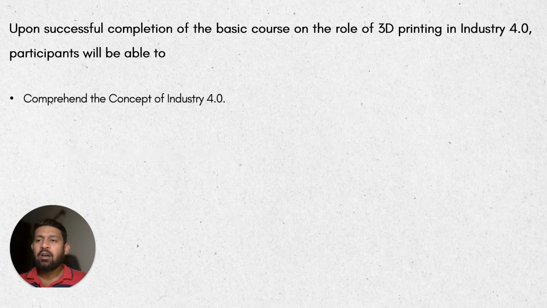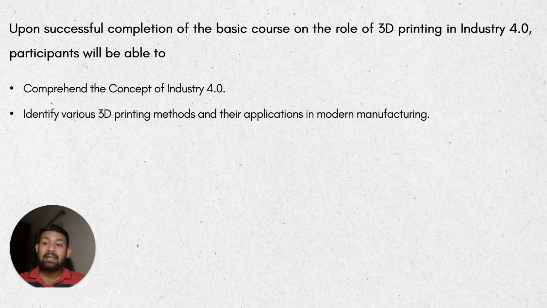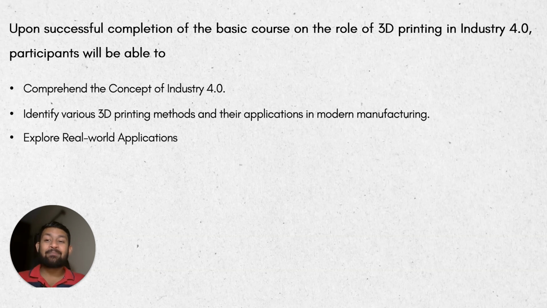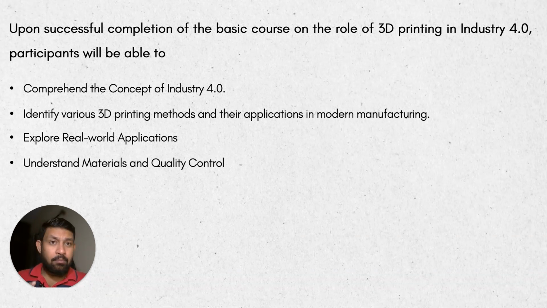Comprehend the concept of Industry 4.0, identify various 3D printing methods and where they are being used in the modern manufacturing world, and explore real world applications, where you can take advantage of 3D printing. And then, what are the different kinds of materials used in 3D printing, and what would be the quality control aspects associated with each of these materials?